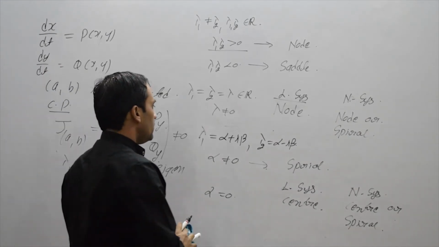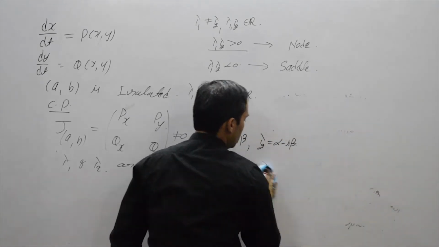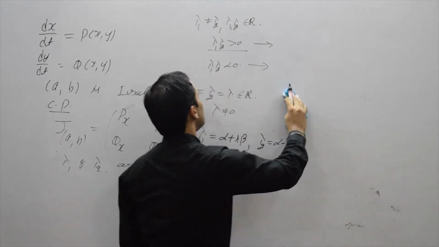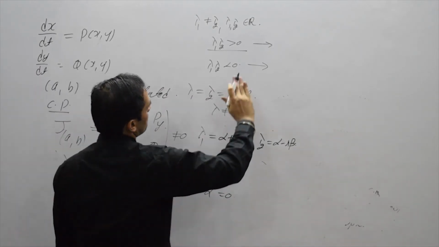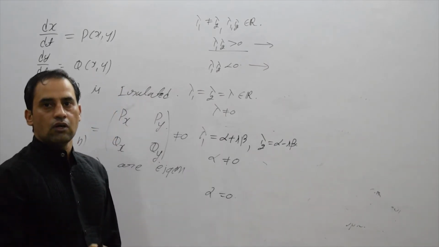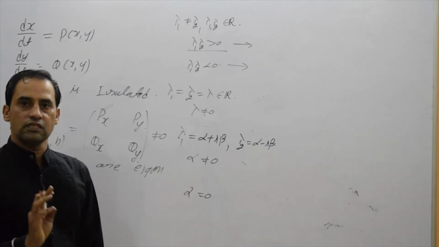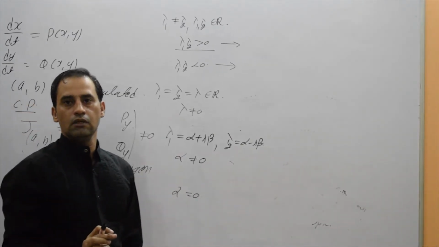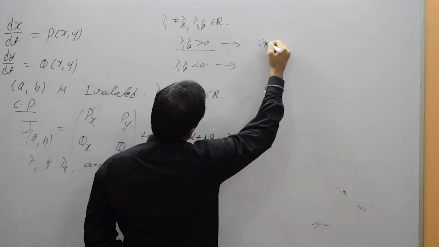Then the next point is the stability or instability of the critical point. So these are four situations. In the first case, the stability or instability of the critical point for a linear or non-linear system remains the same.